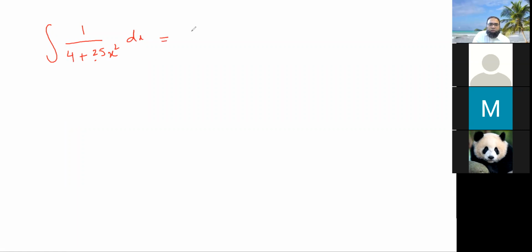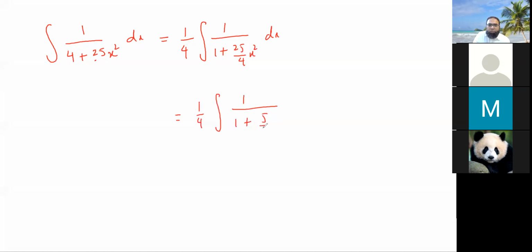So we need to take this 4 out. This is 1 over 4. So this is 1 over 1 plus 25 over 4 x squared, okay? Now we have to do the essential things required: this has to be a square. So this is 1 over 4, and I'll write it as 1 plus 5 over 2 x squared.